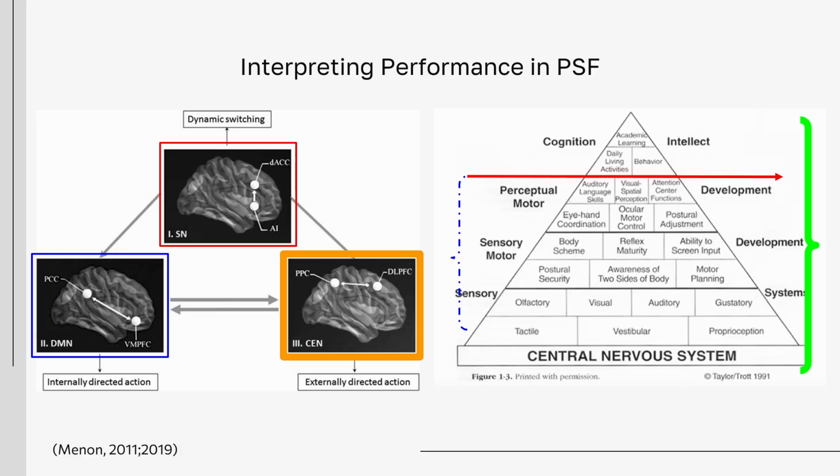The degrees to which the central executive and the imbalance in between the triple network, the three networks, is going to be near impossible for us as clinicians to determine without EEG, for one thing, and then two, it's just going to be difficult to determine when it's coming without assessment, without knowing what to look for and what to test. So while this image has this going on, remember it fluctuates.